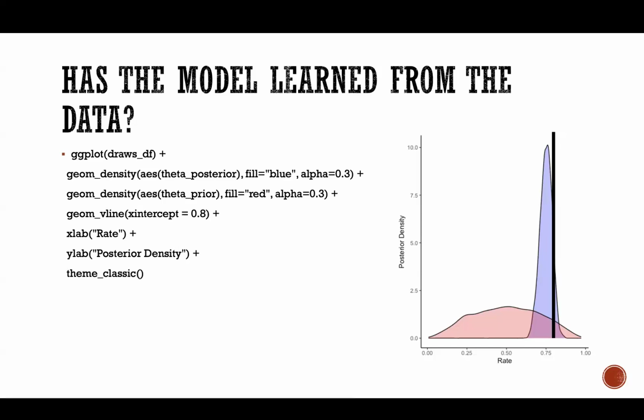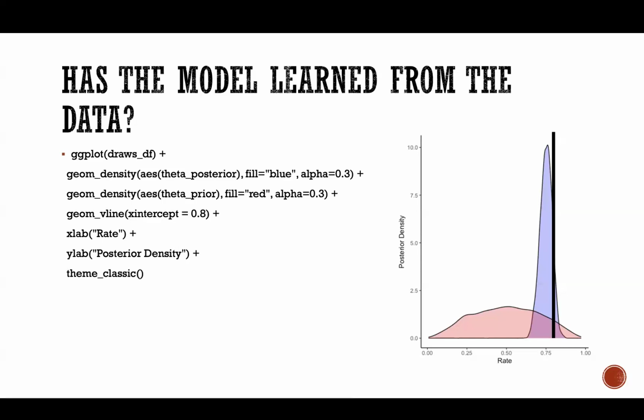For instance, Gelman, one of the people who developed all the conceptual framework behind Stan, says that if the standard deviation of your posterior is more than a 10th of the standard deviation of your prior, then your model has not learned. Where does a 10th come from? I have no idea. It's a rule of thumb. I don't like the dichotomous things, but it might be a useful reference.